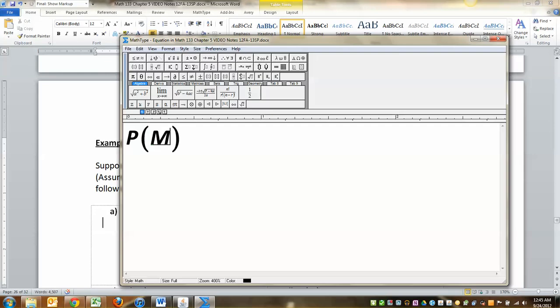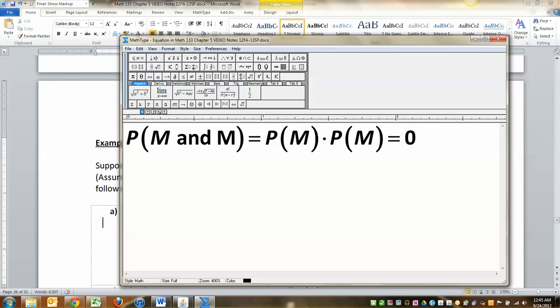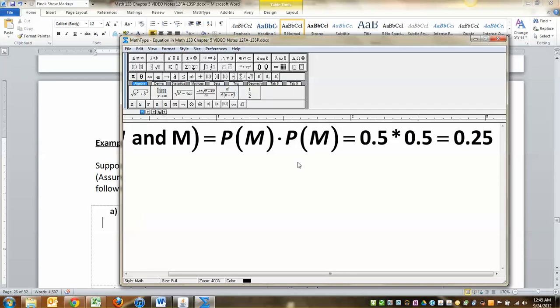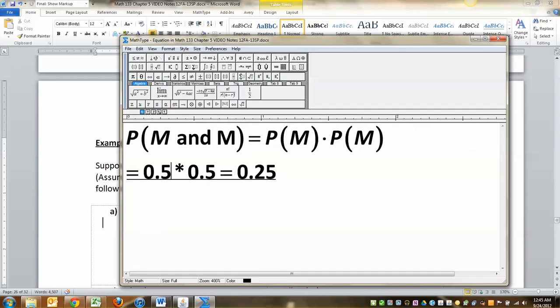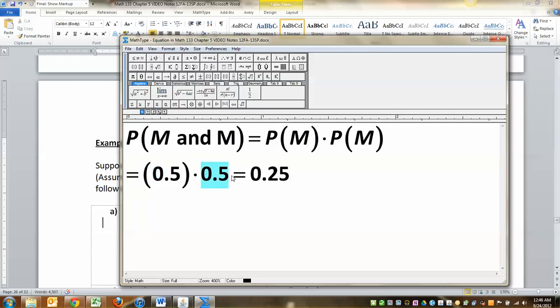That's equal to the probability of male and male, which is equal to the probability of male, because we assume they're independent, times the probability of male, which is equal to 0.5 times 0.5, which is 0.25. I'll put these in parentheses so you can follow along better. All right, so that one's 0.25.